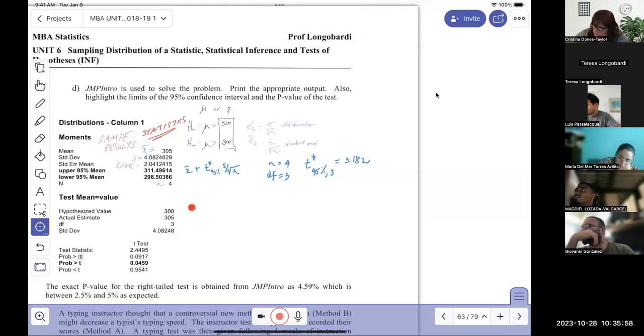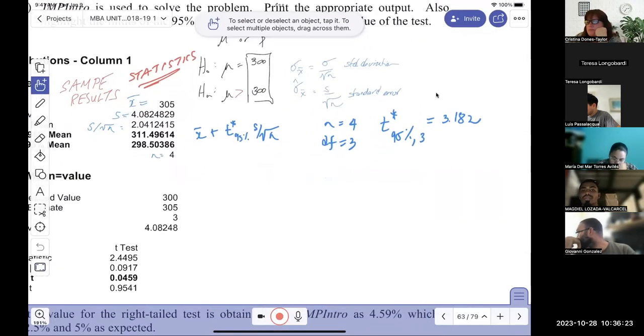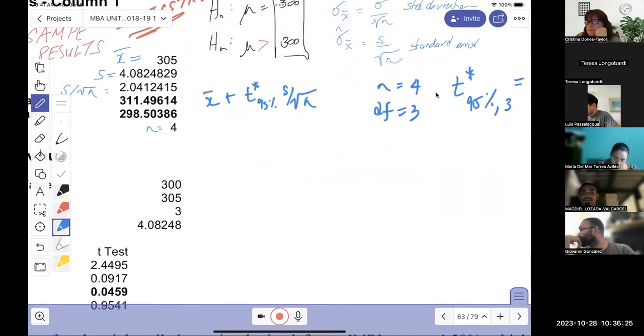And then we have this. Okay, so what's all this here? What's going on? What would we call this number here? Null hypothesis. Yes, so that is mu0.